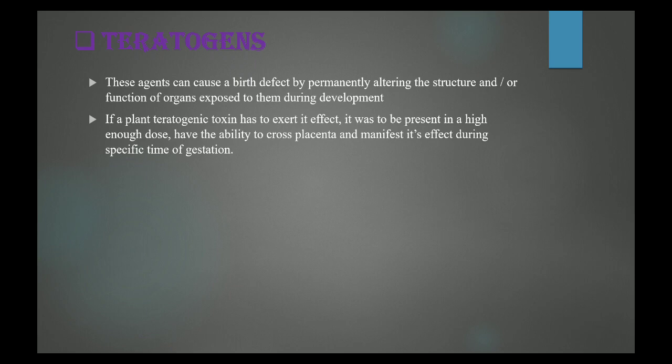If a plant's teratogenic toxin is to exert an effect, it has to be present in a high enough dose, have the ability to cross the placenta, and manifest its effect during the specific time of gestation.